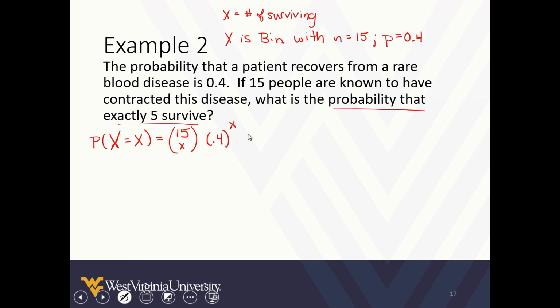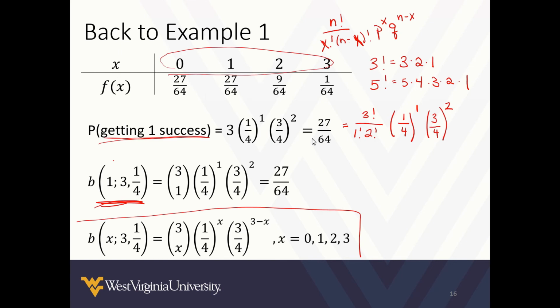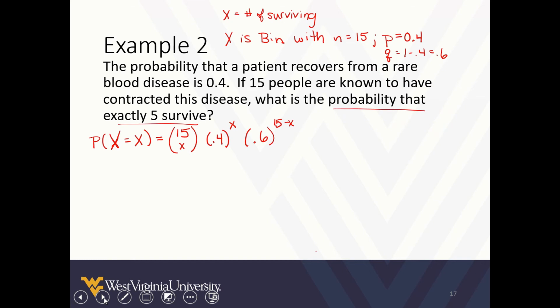This would be to the x. 1 minus 0.4 is 0.6, to the n minus x, which is 15 minus x. Now, the reason I wrote this out generically, oops, sorry, this is the problem of having a touchscreen, was just so you could see where that x was coming in.